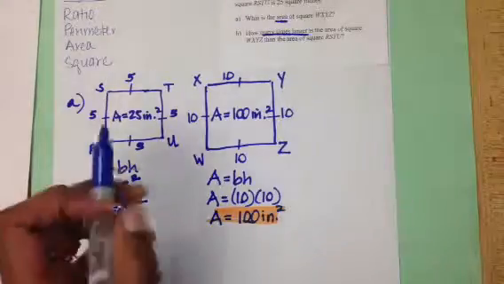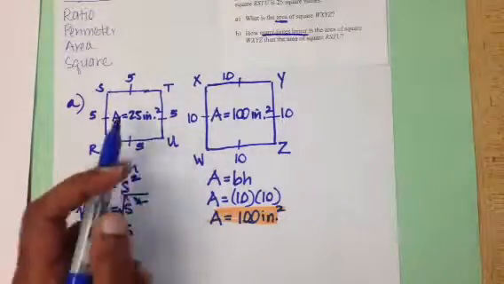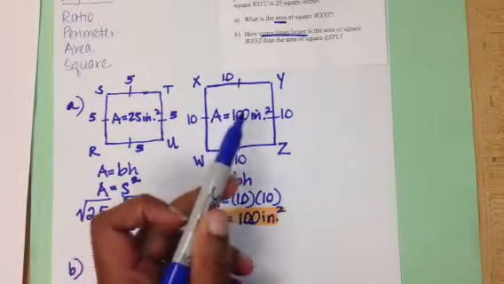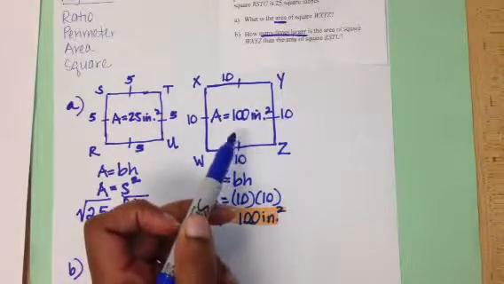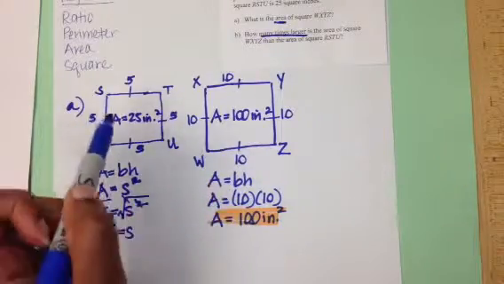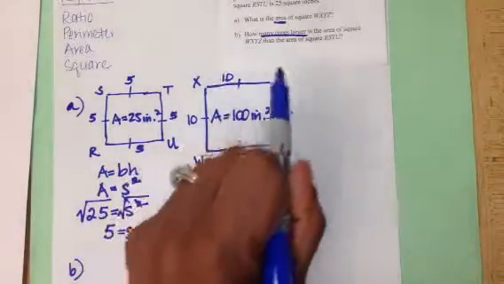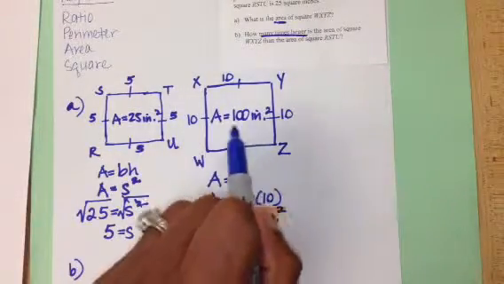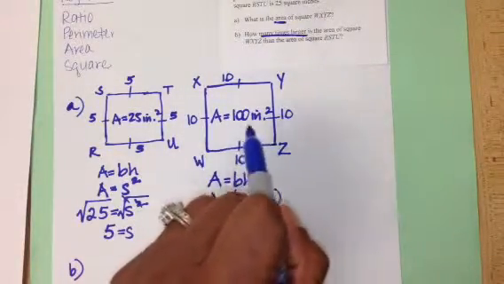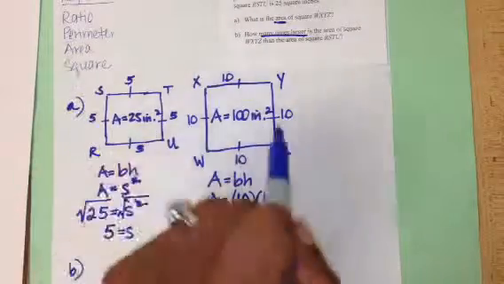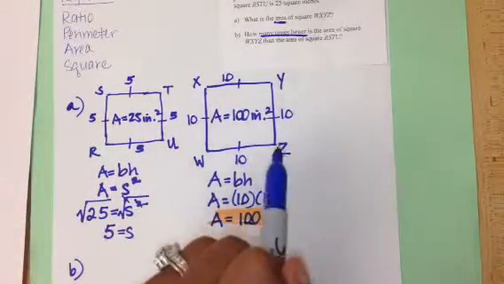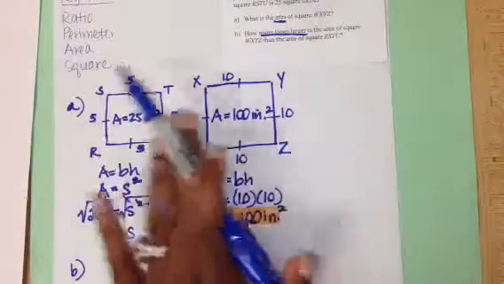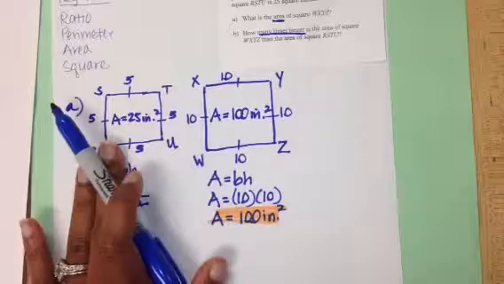The area of RSTU is 25 inches squared. The area of WXYZ is 100 inches squared. Since I'm going from RSTU to WXYZ, I'm going to use division.